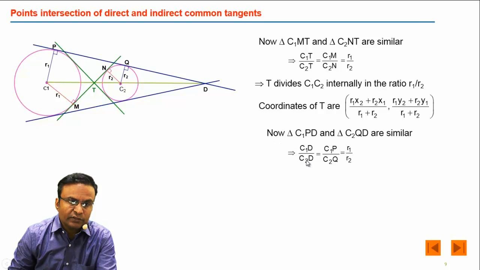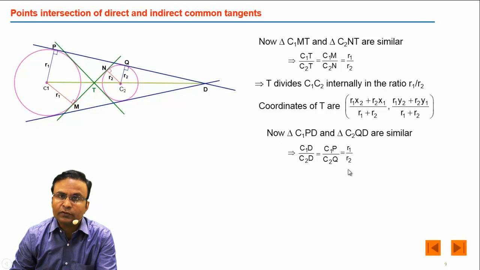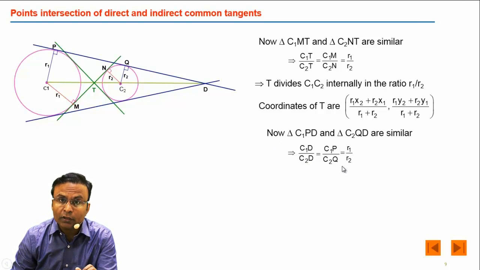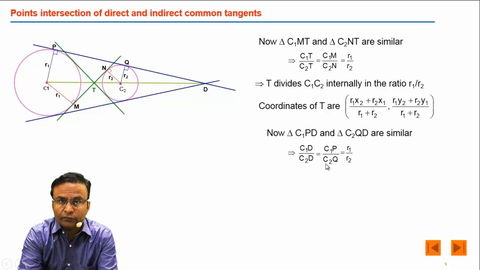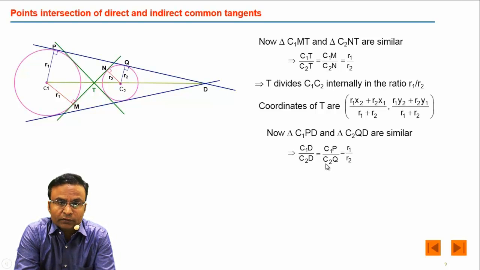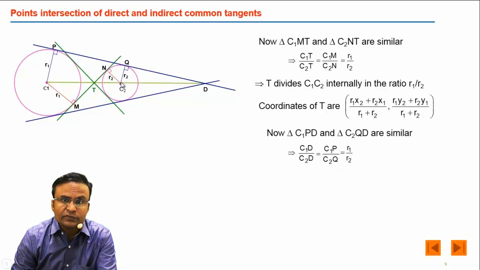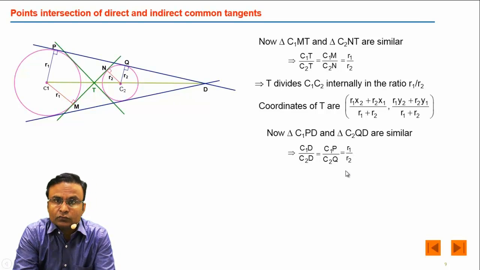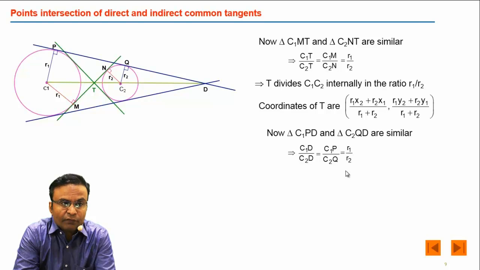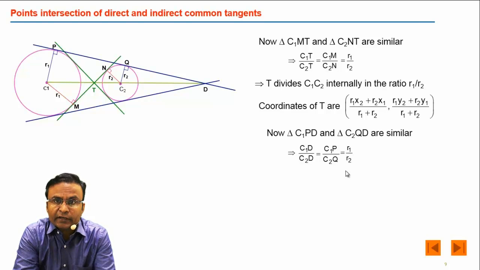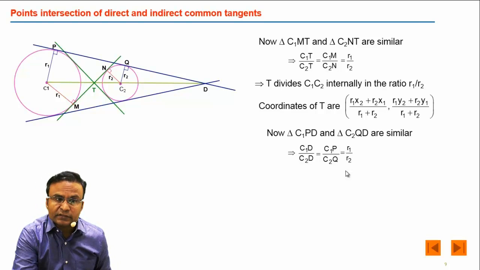What do we mean by this ratio? C1D upon C2D is equal to R1 upon R2 from the section formula point of view. This means point D is dividing the join of C1C2 externally in the ratio R1 upon R2. So we can now find the coordinates of point D using the external section formula. We know how to use this formula when the ratio is external.